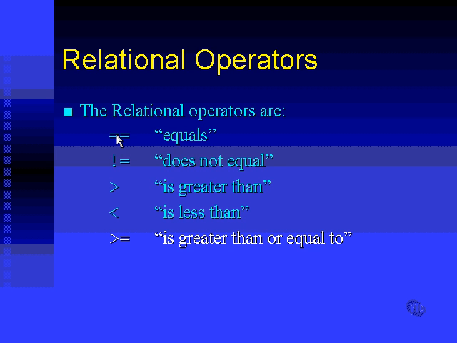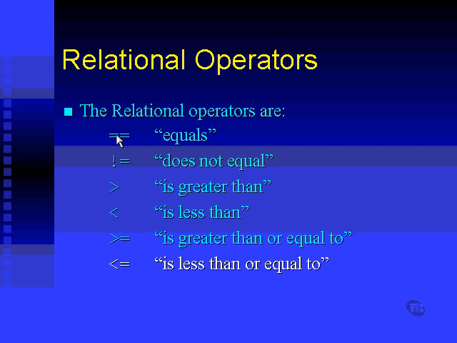So if we say if x is greater than or equal to y, that will be true if x is greater than y or if x is equal to y. And the corresponding one, if x is less than or equal to y. Okay, those are the 6. That's all there is.